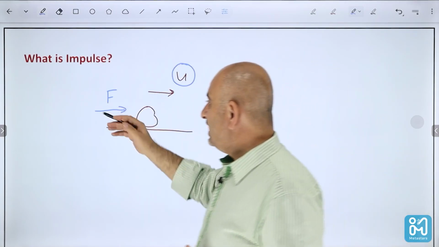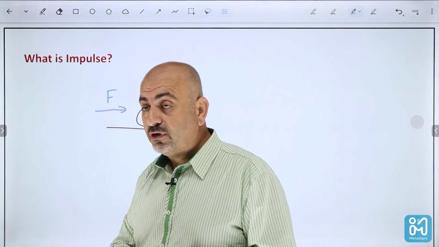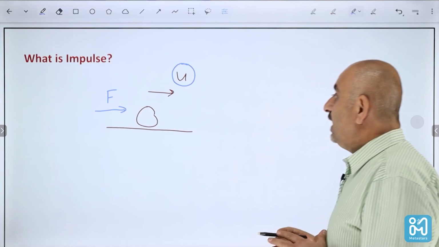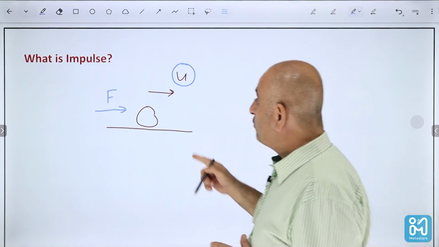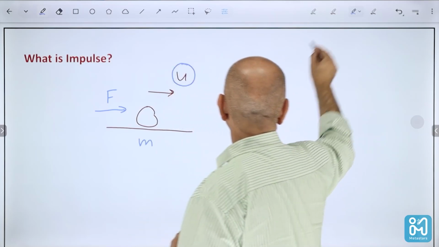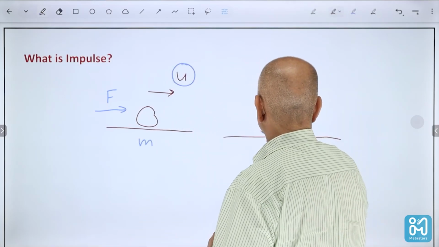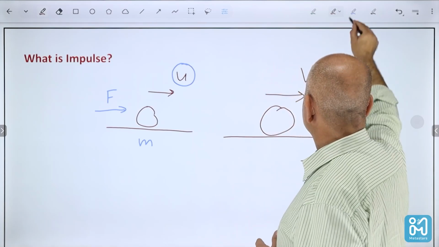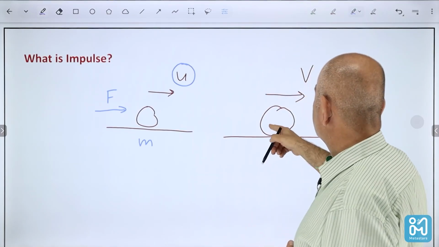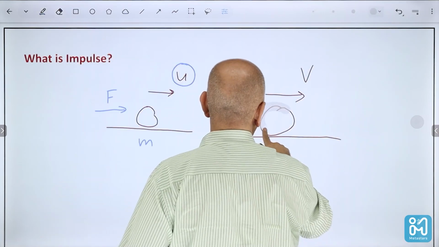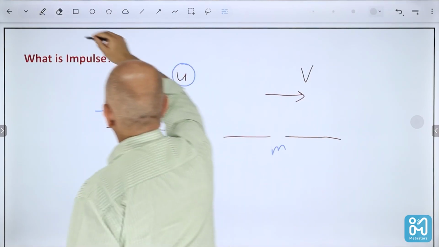So does that mean impulse is the force? Well, approximately, but not quite yet. Because if I want to increase the momentum, let's say the mass is M, from U to V, it is the same mass, even though I have drawn it a little bigger, I need to just make it smaller.